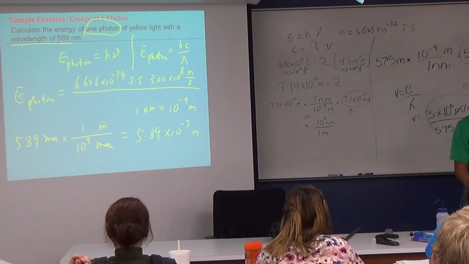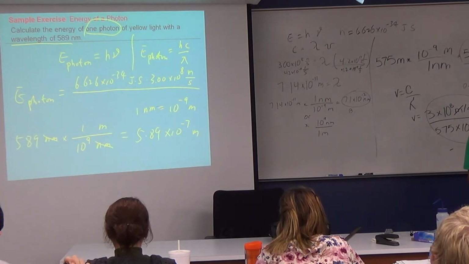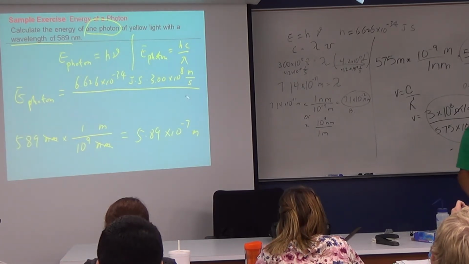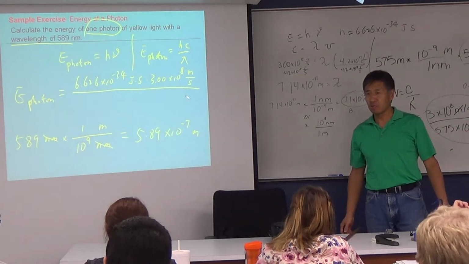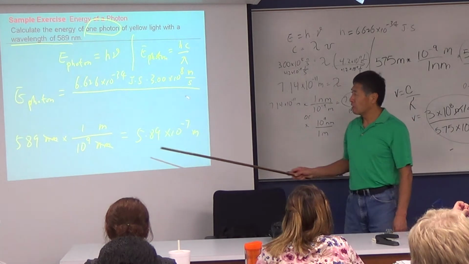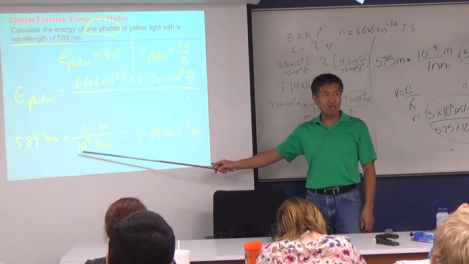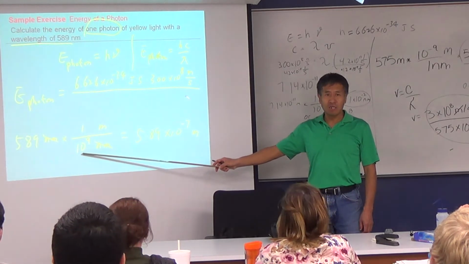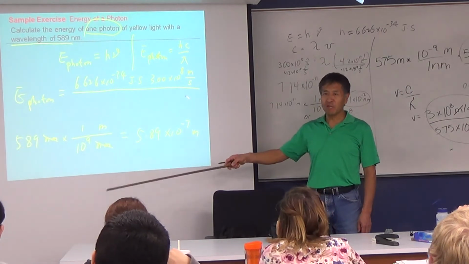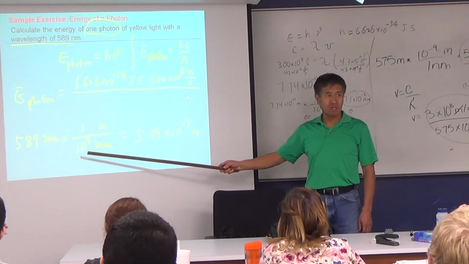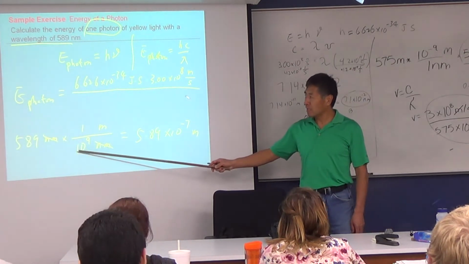All right, so any questions? Do you know how I get this 5.89 times 10 to the negative 7 meters? You know how I get this number? Here is the positive 9. So 1 divided by 10 to the positive 9, which means this 10 to the positive 9 on the top becomes negative 9.